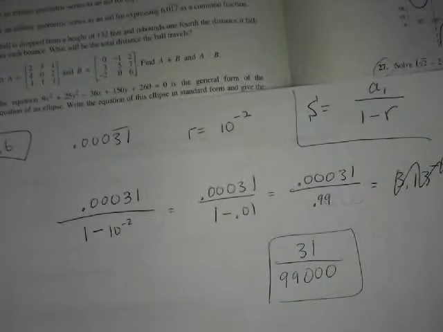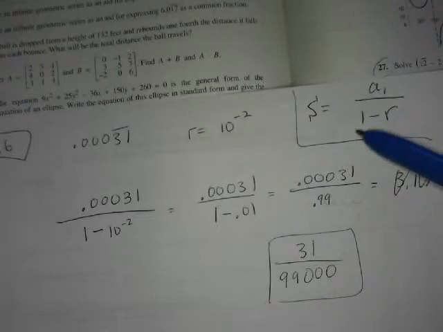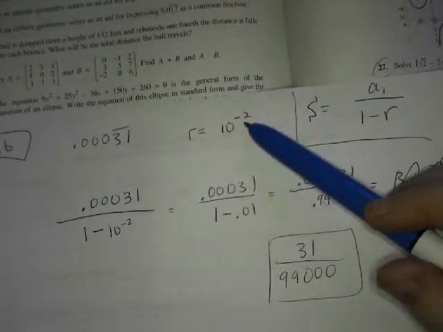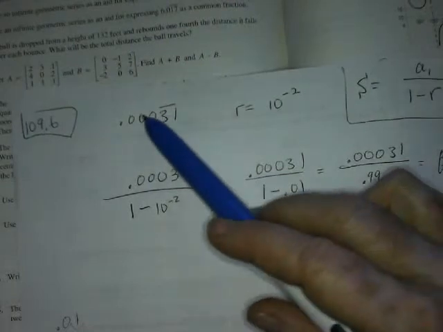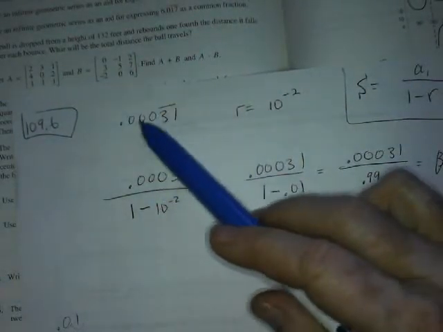Now this is the formula that helped us find the sum of a geometric series: a sub 1 on top and then 1 minus R. Well, we already have R. A sub 1 is just going to be that first number. If that doesn't make sense, go back in your book and read these examples.